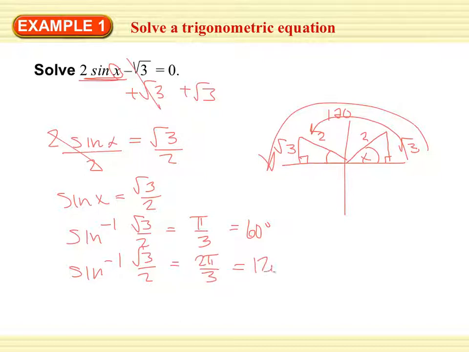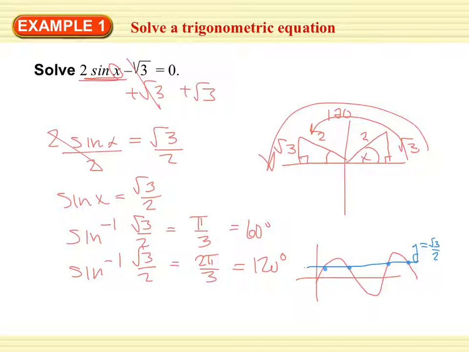which is 120 degrees. And honestly, since sine x is periodic, you know, we go back and forth and back and forth, I've got this line here that is y equals the square root of 3 over 2. So my answer is really going to be every time the periodic graph crosses the line y equals square root of 3 over 2.